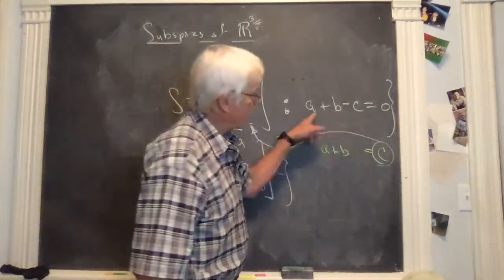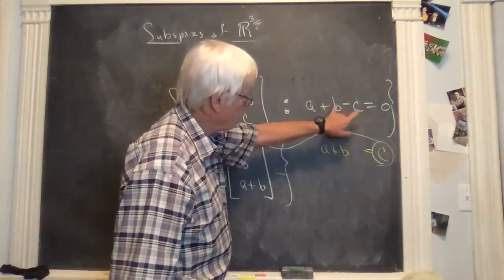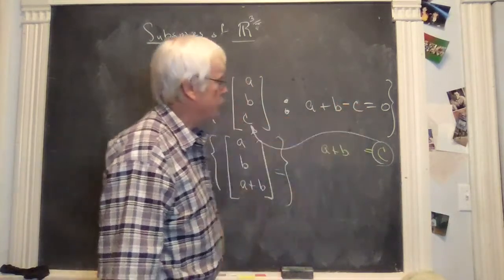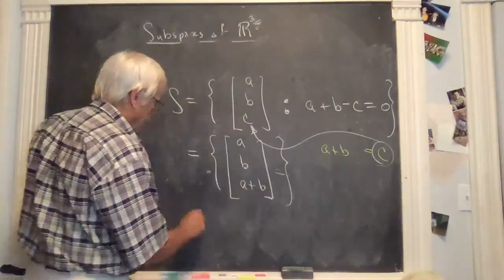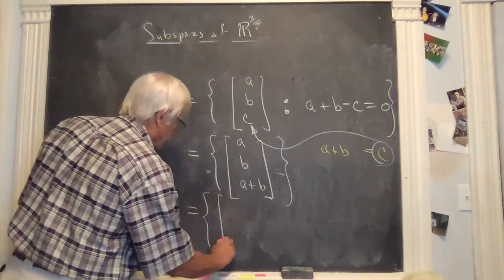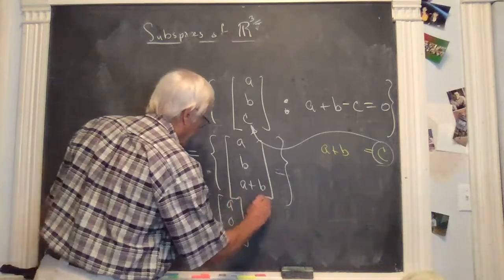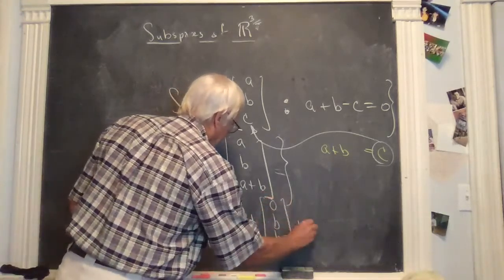A, B, C are not three free variables. This equation means they're not free. Two of them are free at a time, but once you've established two, the third one is fixed. So that's not free of the other two. But now you can split this apart. You can put the A's together, A, 0, A, plus 0, B, B. A and B are free.